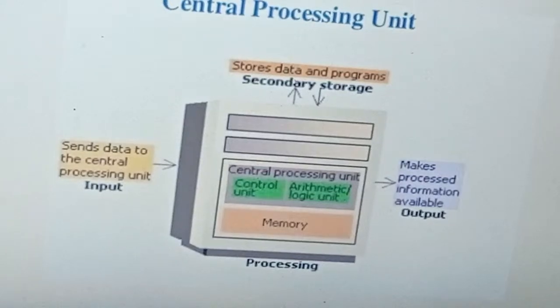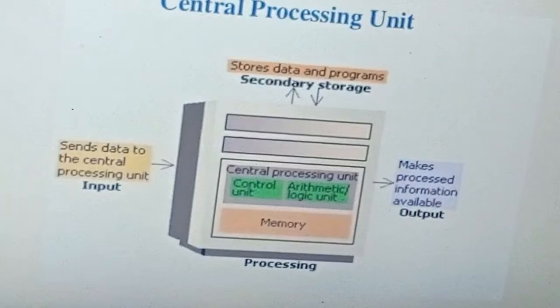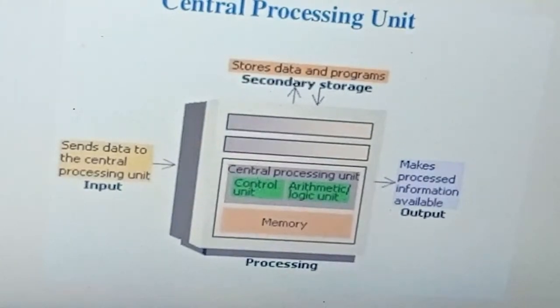Now coming to the third step: the arithmetic logic unit executes the arithmetic or logical operation. Arithmetic means addition, subtraction, multiplication, and so on. Similarly, logical means AND, OR, NOT operations.